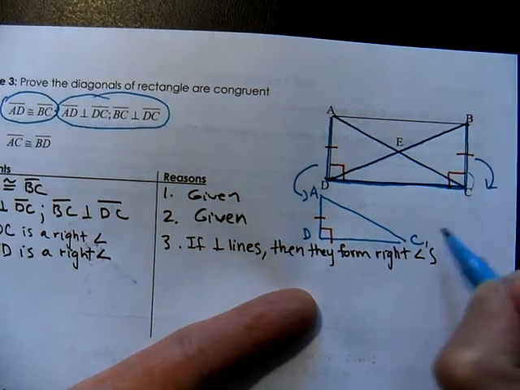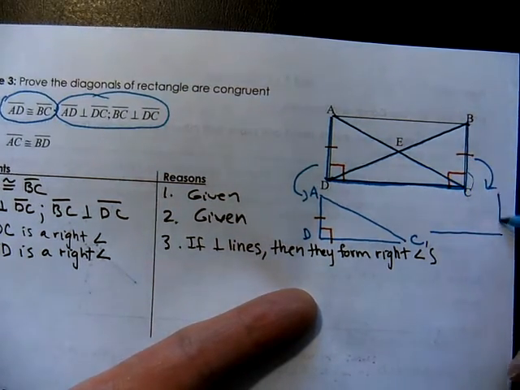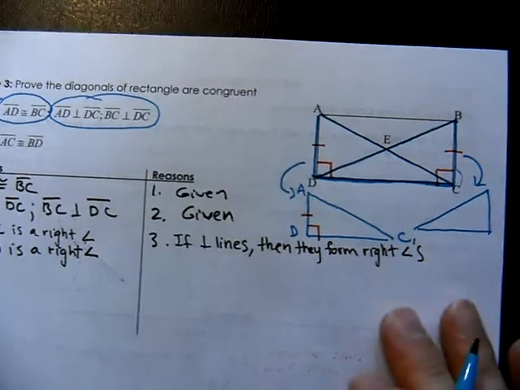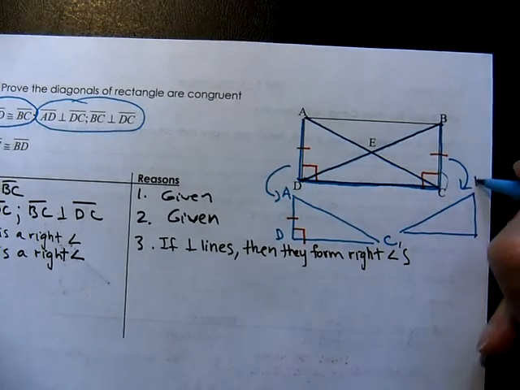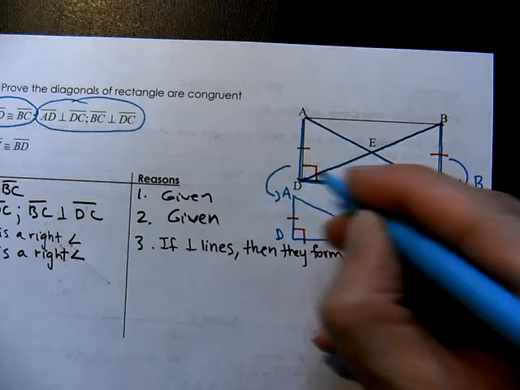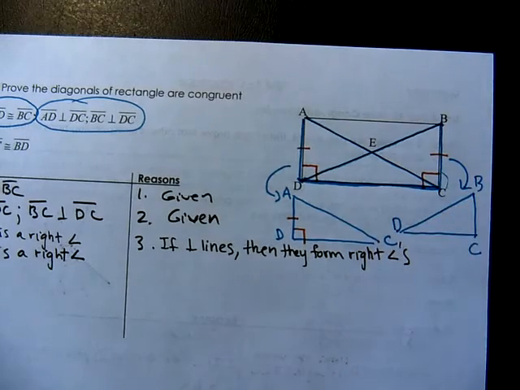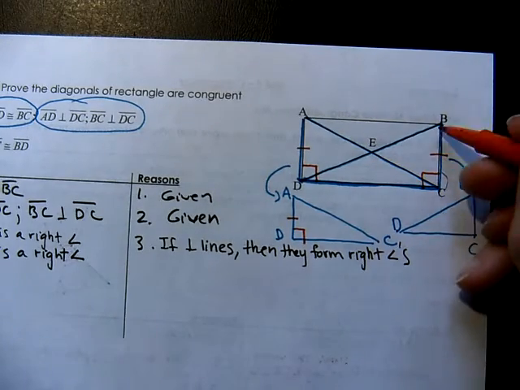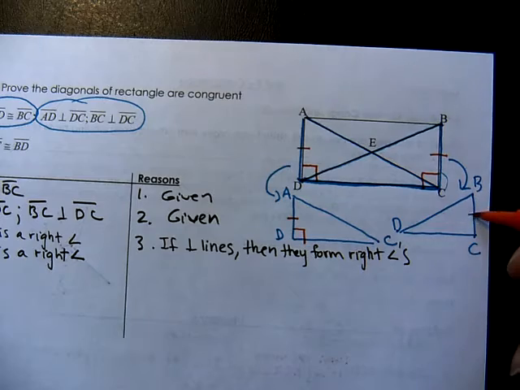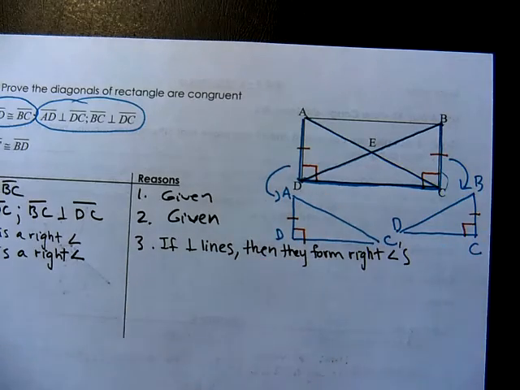So that could also be pulled apart and separated and redrawn. So B is at the top, C is at the bottom, D is on the left-hand side. The tick mark belongs on segment BC, and the right angle belongs here at C. Those are the two triangles that we have to show as congruent.